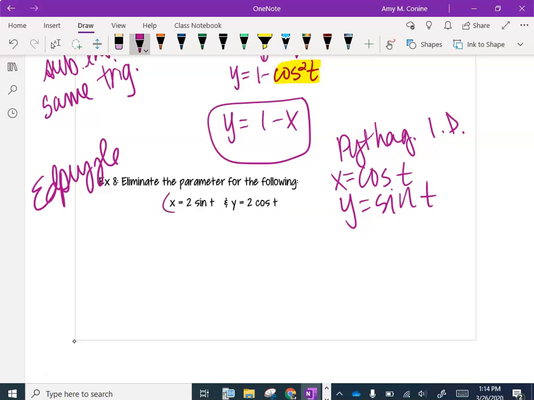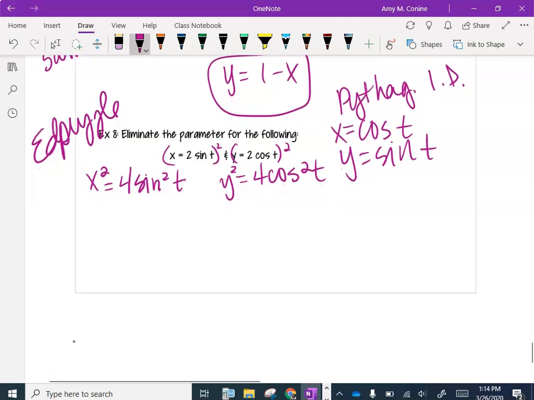So for this one, I'm going to square both equations. Now I have x squared equals 4 sine squared t, and y squared equals 4 cosine squared of t. This kind of piggybacks off of 6.1, where we would square things to get r, and then we would solve for x and y. So we need to make sure that those skills from 6.1 are rolling over into here.